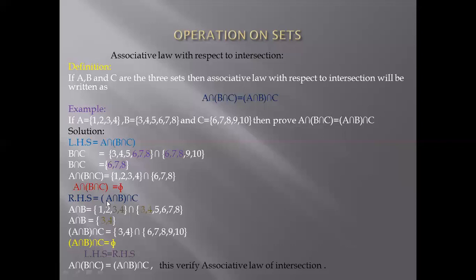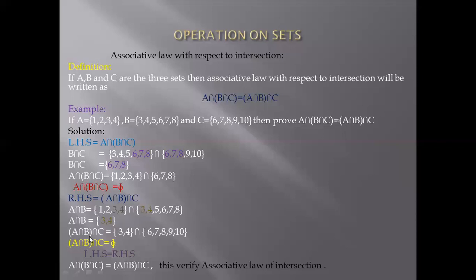Now first we take the partners A and B. Intersection, again I am repeating the definition, we take the common elements. A intersection B: 1, 2, 3, 4 intersection 3, 4, 5, 6, 7, 8. The common elements are 3, 4. In A and B we have 3 and 4 common.